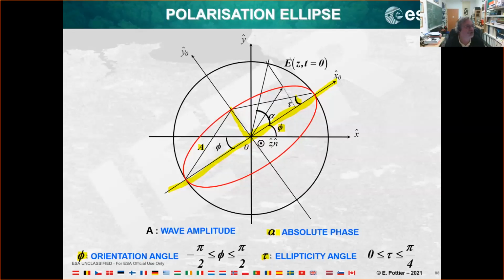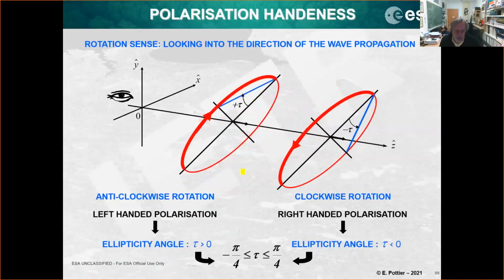Okay, so if I continue my presentation here. I describe the orientation of the ellipse, the ellipticity of the ellipse, and the last information is about the rotation sense of the direction of the wave propagation. What does it mean? It means if the wave is turning right when it propagates, or if the wave is turning left when it propagates.